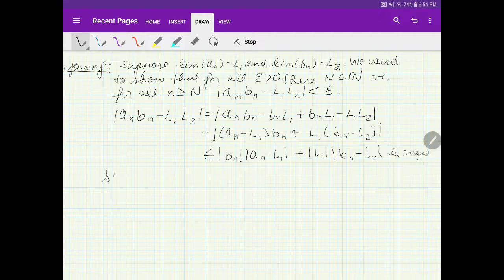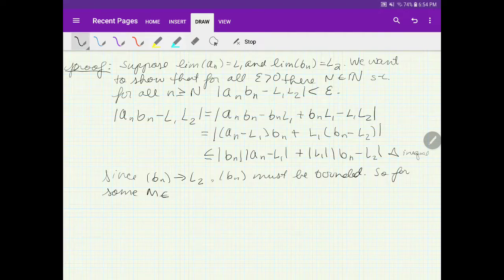So since b sub n converges to L2, b sub n must be bounded. So for some m that's an element of the positive real numbers, the absolute value of b sub n is less than m.